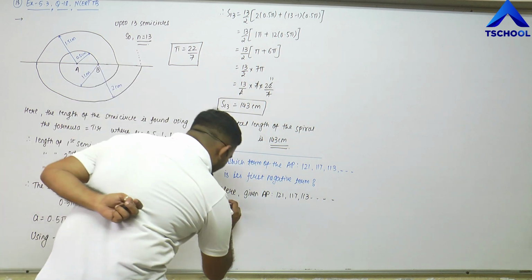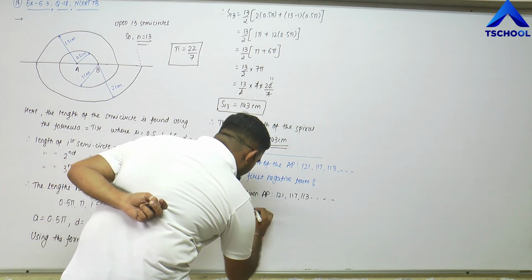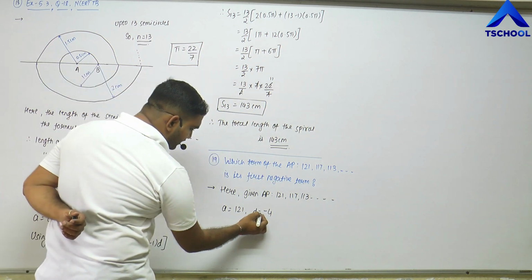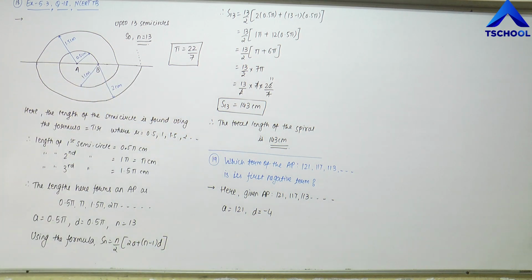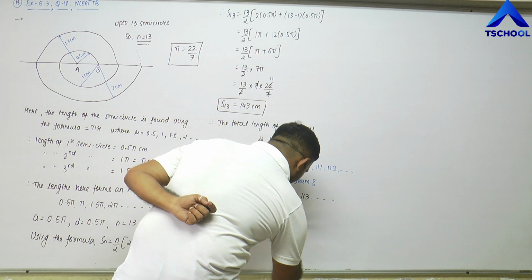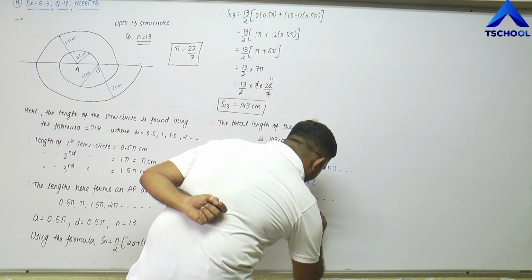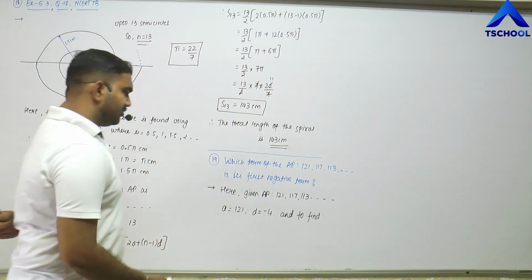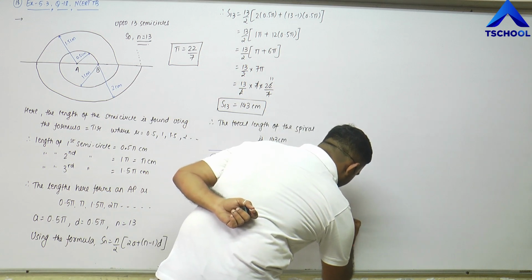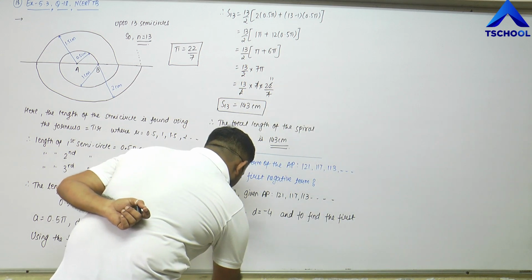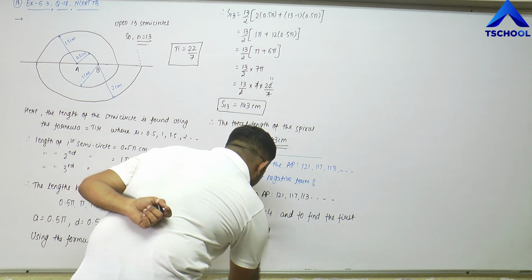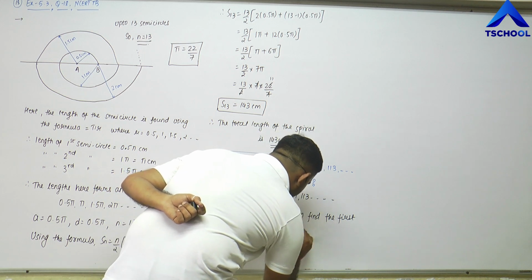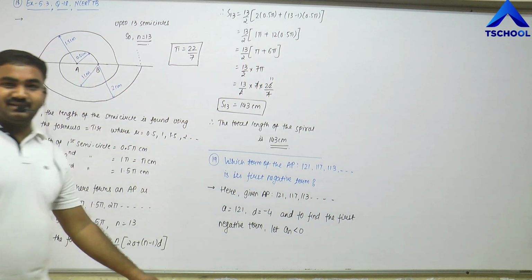From this AP I can get two things, that is a equals 121 and the difference d equals minus 4, right? To find the first negative term, let an be less than 0. What do you mean by, friends, an less than 0?